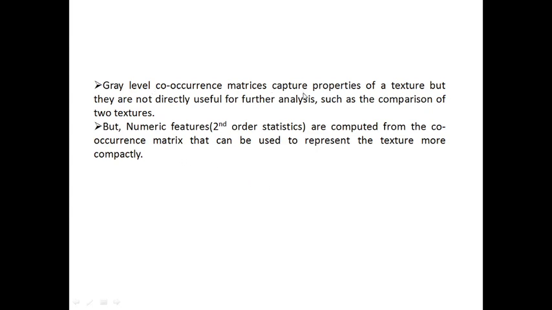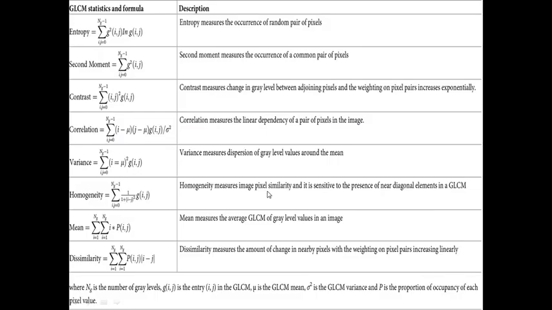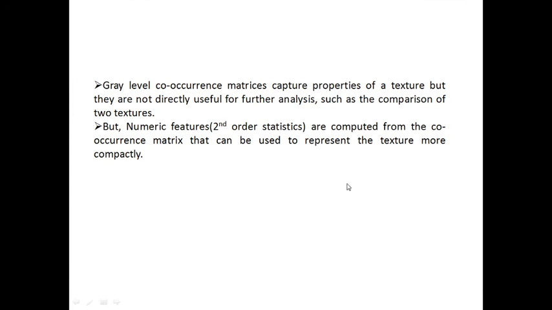The GLCM cannot be used directly for further analysis, but the numeric features, which are nothing but the second order statistics computed from the GLCM matrix, can be used to represent the texture more compactly. Let us see how it happens.